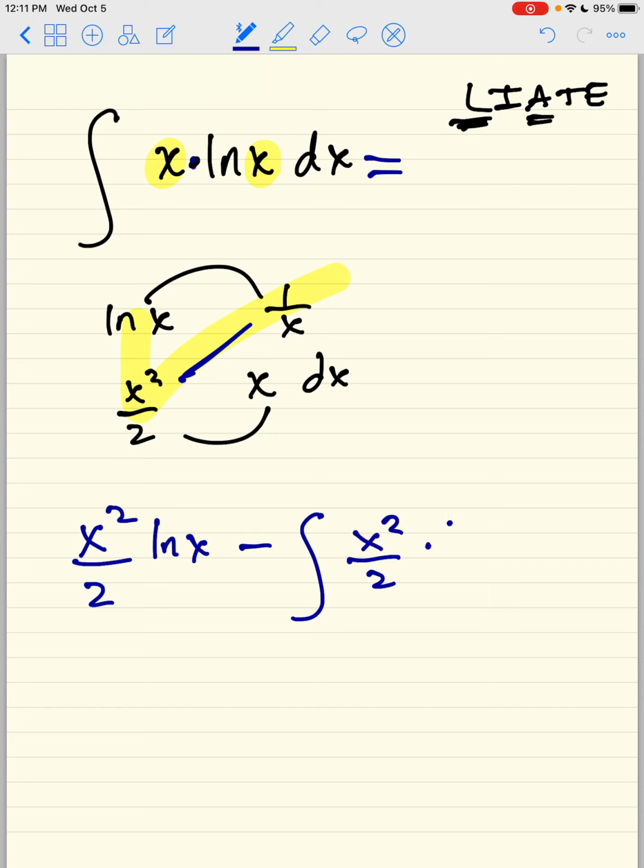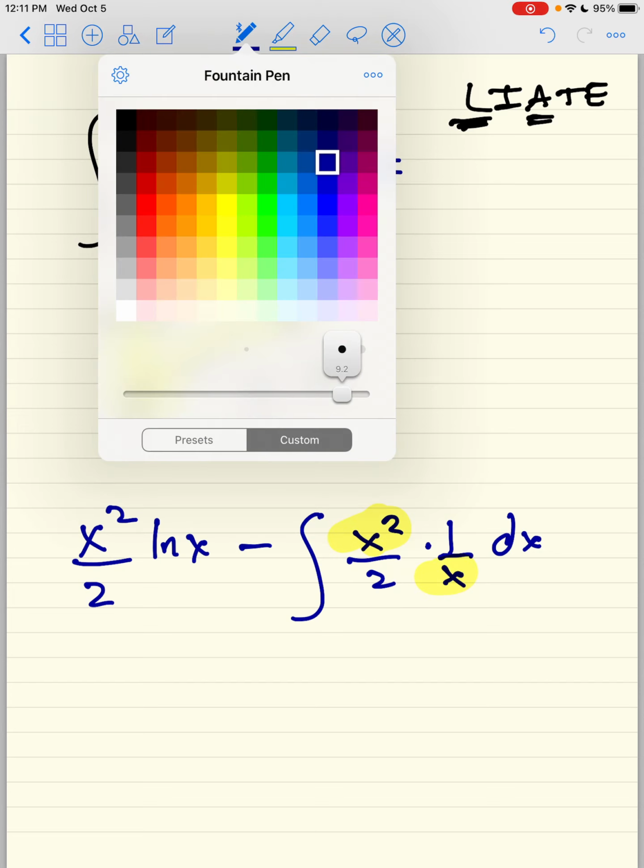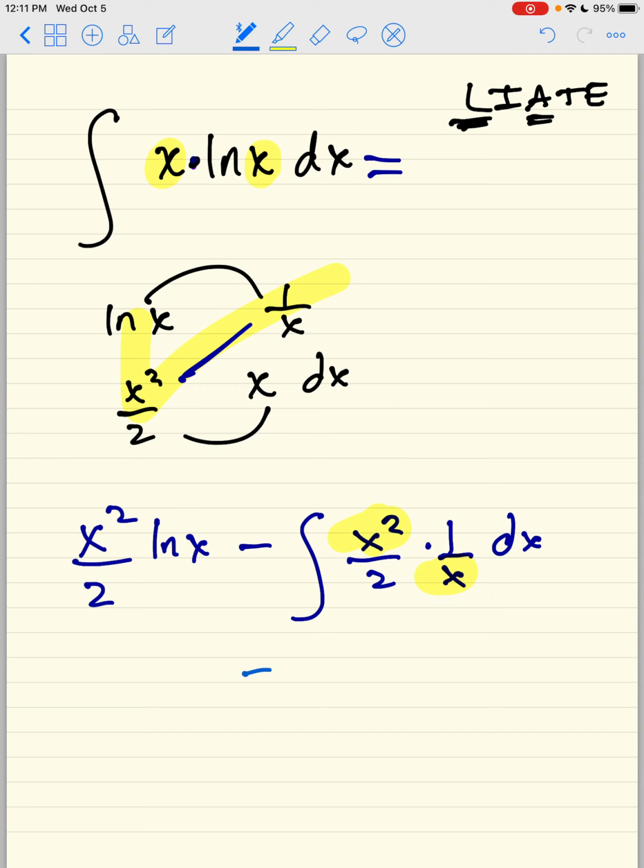So we have, well, did you know that x squared and x could reduce? So I'm going to take out this 1/2 and put it in the front because it's just a constant. And then this is just going to be x dx because x squared over x is just x.